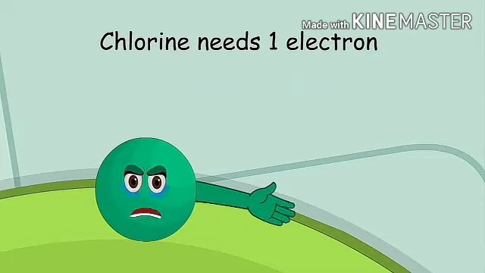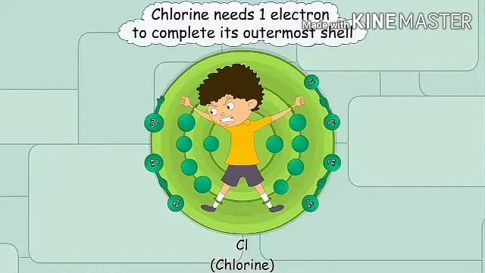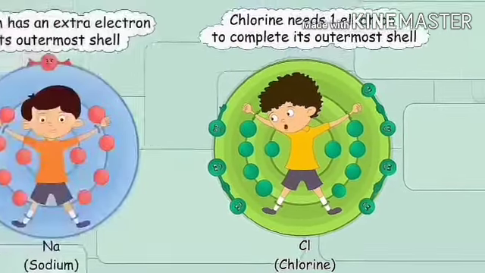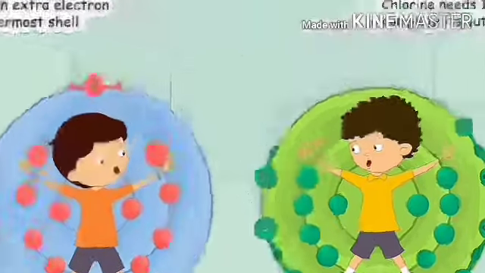Chlorine needs to gain one electron to complete its outermost shell. Sodium has an extra electron in its outermost shell.